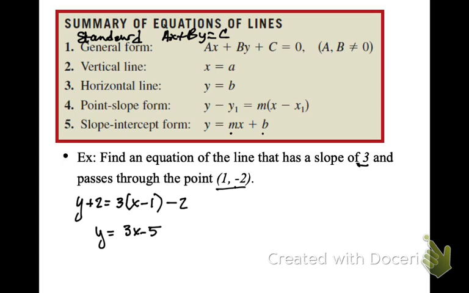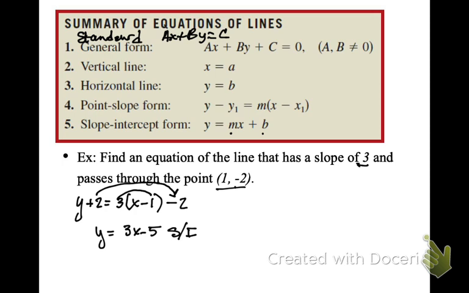I have to subtract over 2, yes, and distribute my 3. And then you end up getting 3x, negative 3, plus negative 2 is negative 5. Okay, now what form is this? Slope-intercept form. Okay, so I'm just going to put slope-intercept.